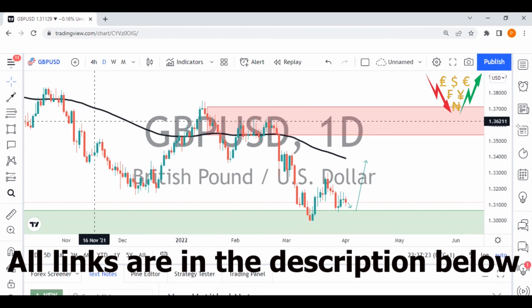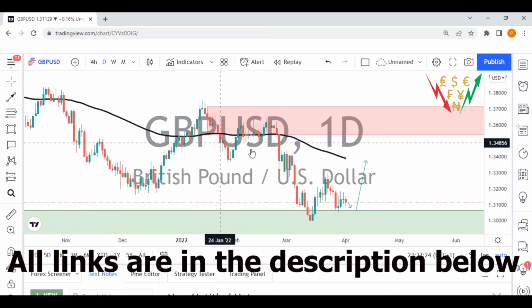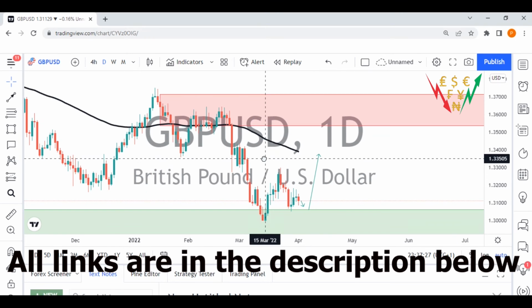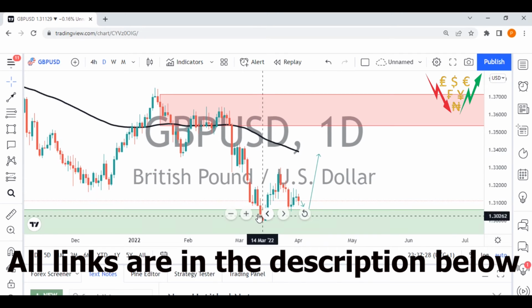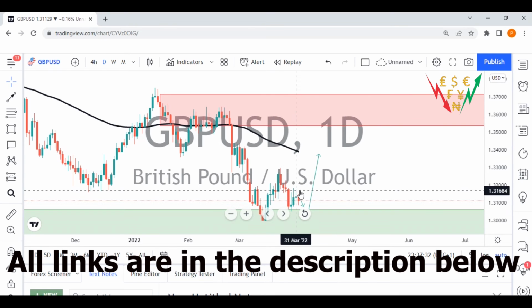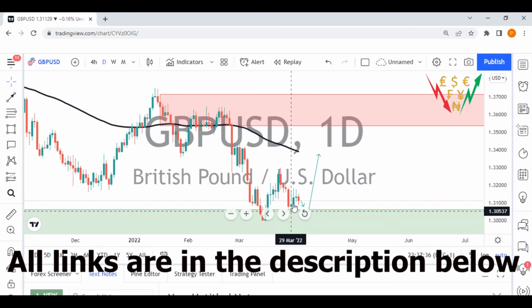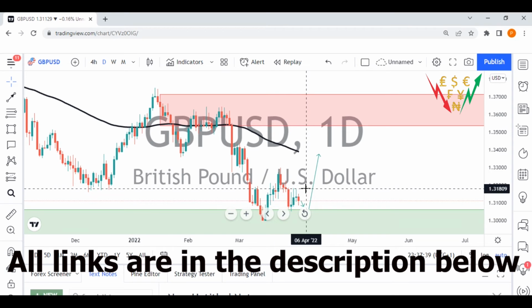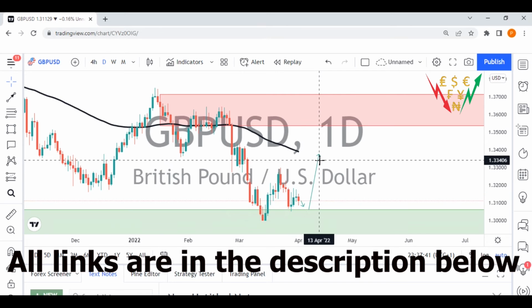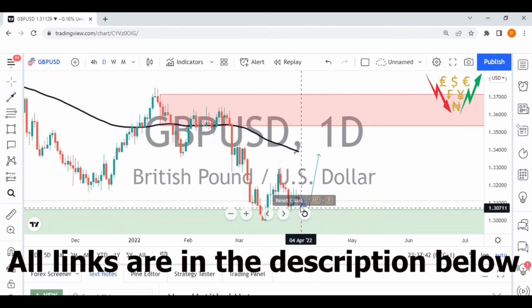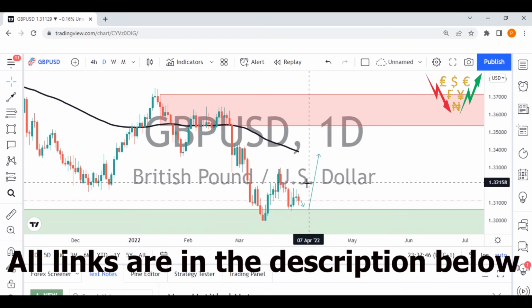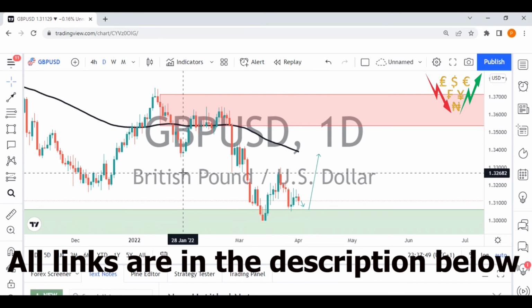Guys, let's continue. So here's what we have established on the pound USD, guys. And from the pound USD, obviously we can see some kind of movement to the upside from this level, but the price has been struggling to stay afloat. So we want to see maybe a slight pullback and the continuation to the upside for the mid-term.